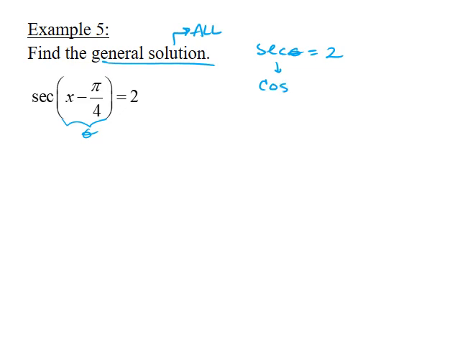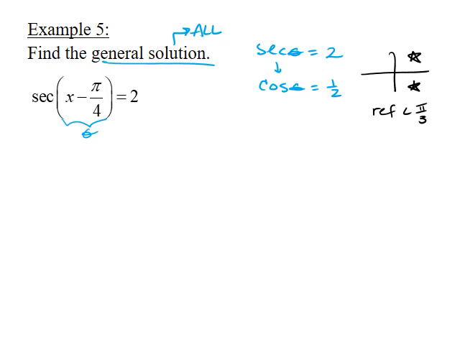So cosine of theta is equal to 1/2. We know that cosine is positive in the first and fourth quadrants. And we also know that cosine is equal to 1/2 at multiples of pi over 3. So my reference angle is pi over 3.